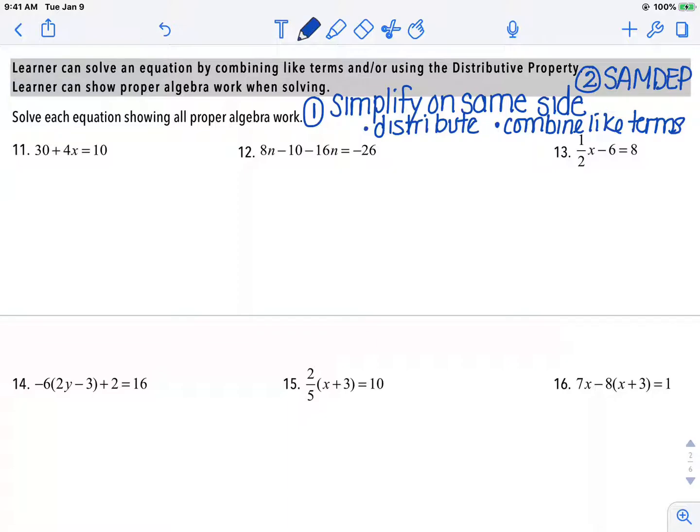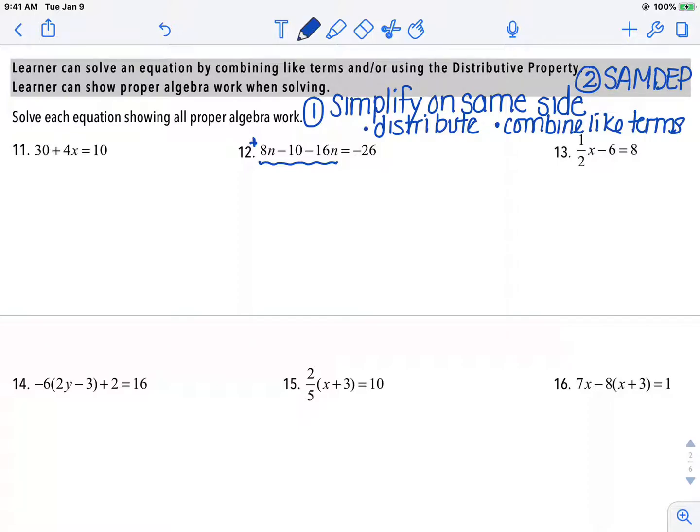So in number 11, when I first look, this same side has no simplification. So we're ready to go right to SADMEP solving as a 2-step. So you could pause video and do that. When I get to number 12, though, on the same side, I see that there's simplifying that can be done. We have a positive 8n, but on the same side, they're also taking off 16n.